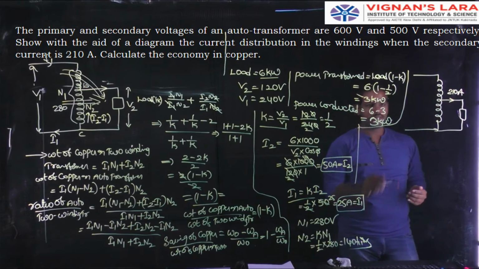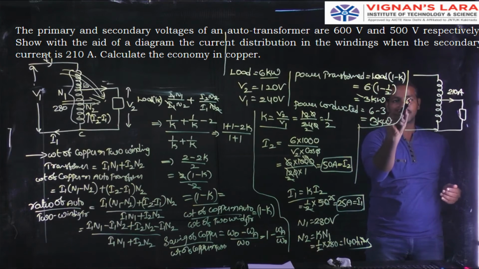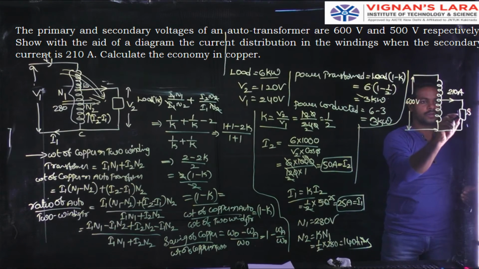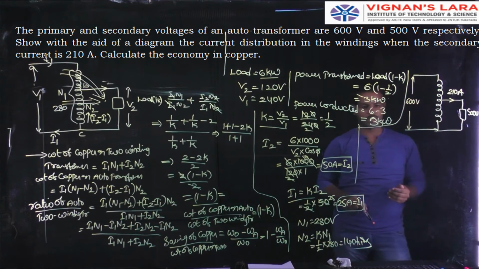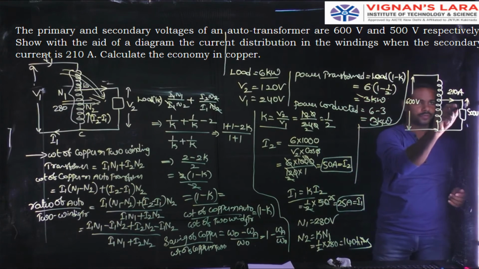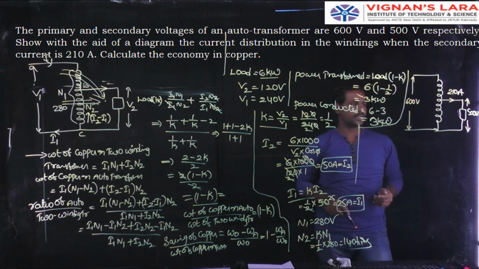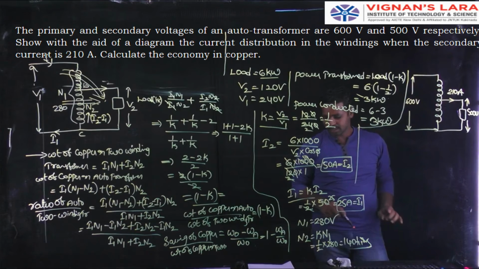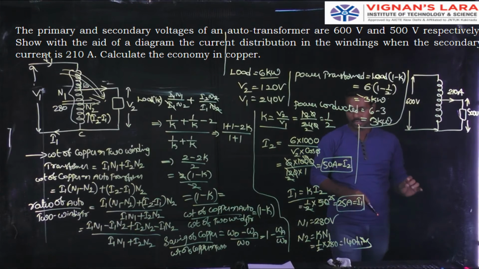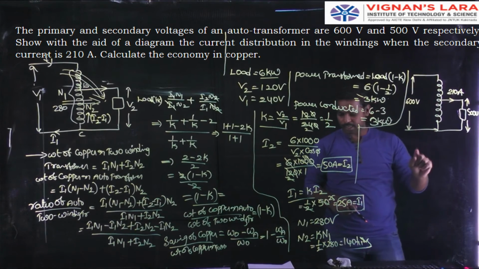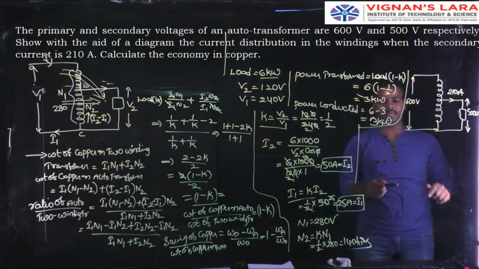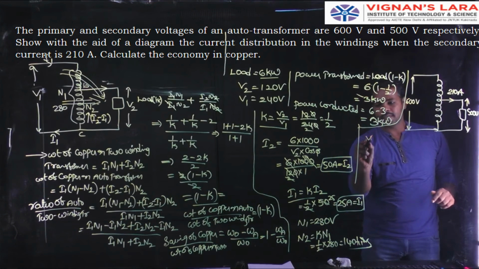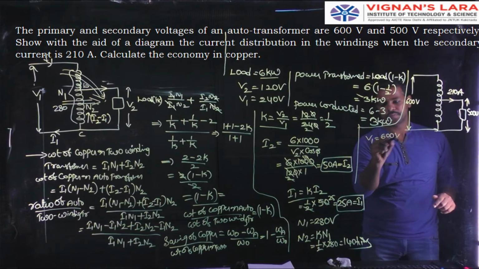Input voltage is equal to 600 volts, and output is 500 volts. There are N2 turns and N1 turns, so the remaining portion is N1 minus N2 turns. So primary voltage V1 is equal to 600 volts, and V2 is equal to 500 volts.